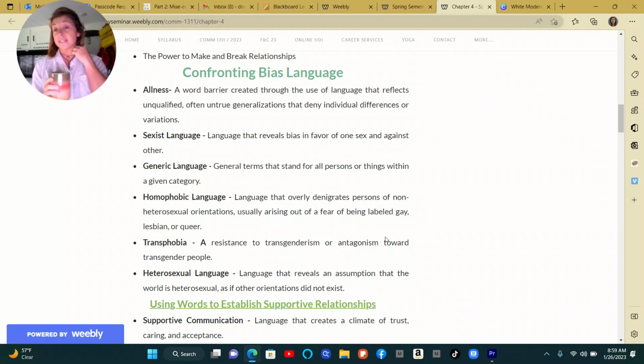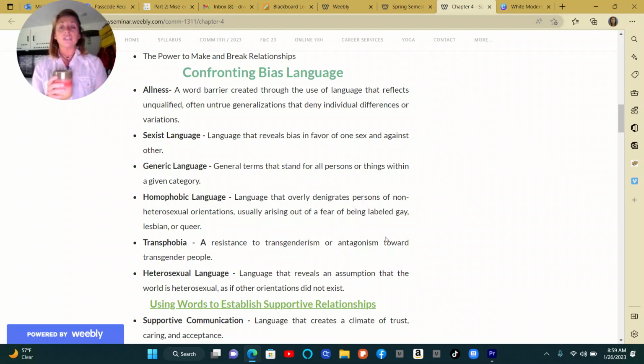Sexist language is language that reveals bias in favor of one sex against the other. Generic language is general terms that stand for all persons or all things within a given category. Homophobic language goes into sexist language, a language that overly denigrates persons of non-heterosexual orientations, usually arising out of fear of being labeled gay, lesbian, queer, right?